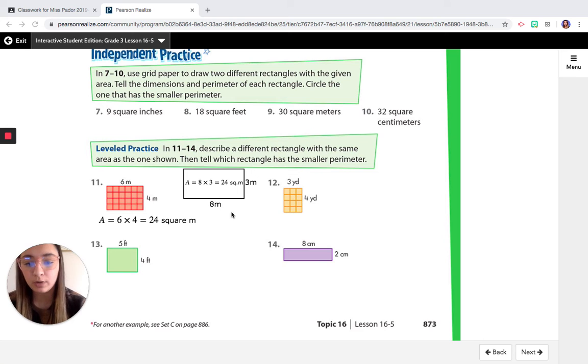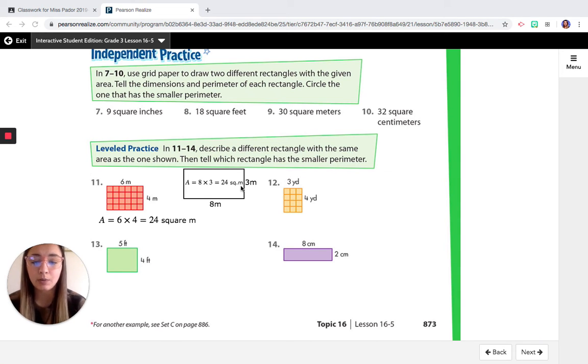But we already went over this. 8 times 3 is 24, making sure I label with square and then meters. So we have successfully done the first direction, which was find a rectangle with the same area as the first rectangle. So we have two rectangles with 24 square meters as their area.